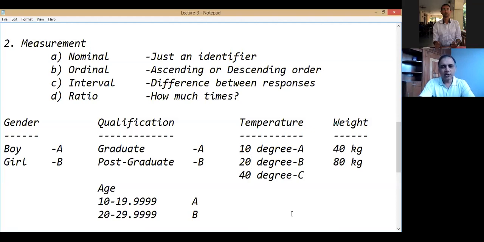All temperatures are measured for the three cities on the same day at the same time, and all are measured in degrees Celsius. Can I say temperature of B is 2 times temperature of A and temperature of C is 4 times the temperature of city A?